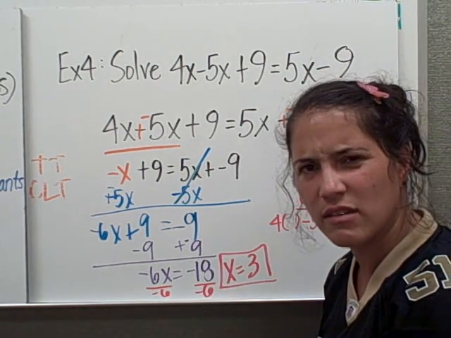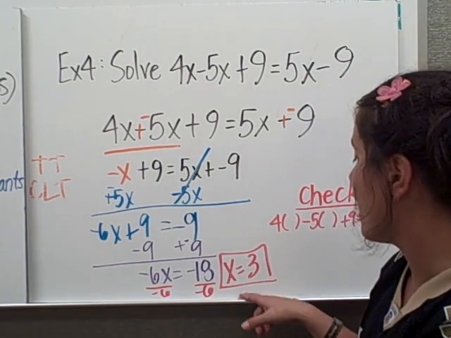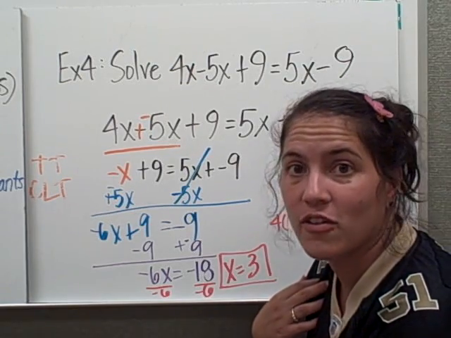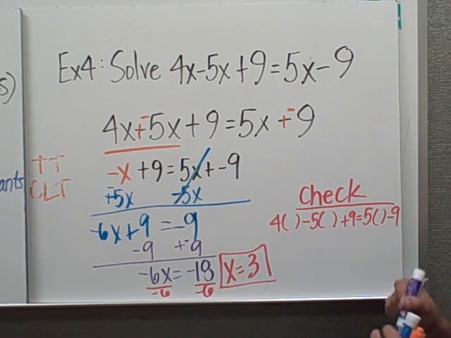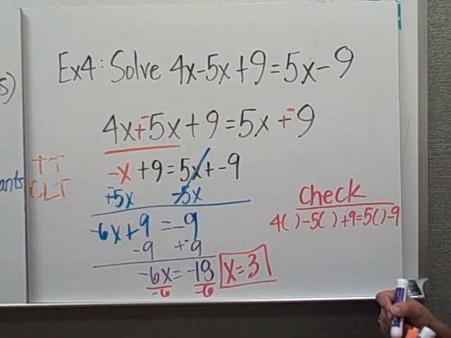Didn't we just have 3? Yeah. X equals 3. I'm not sure if that's correct, so that's why we check. I have over here set up the blanks where I'm going to put my 3 in.